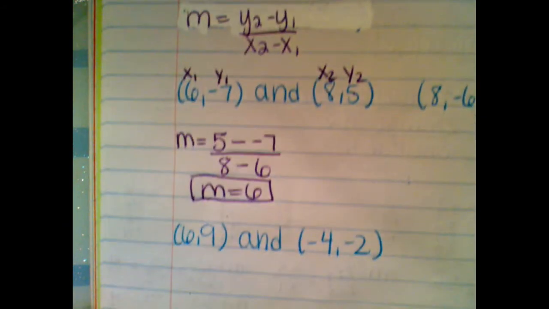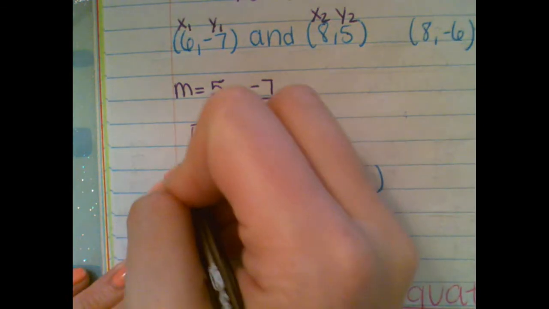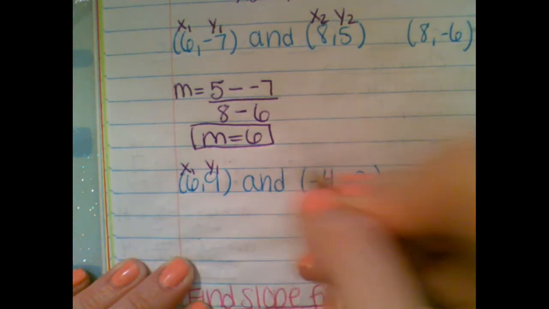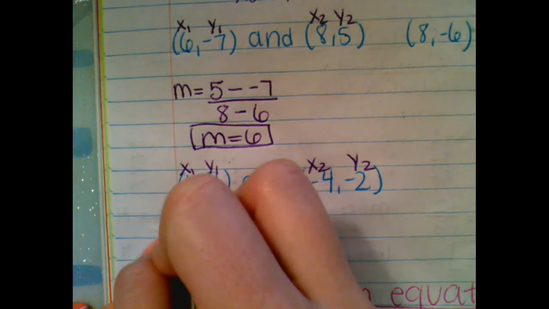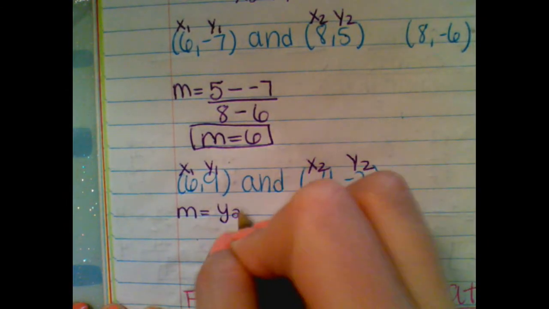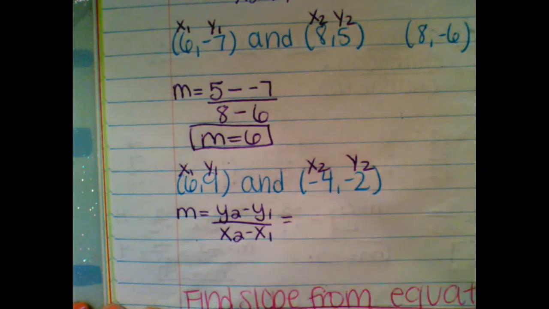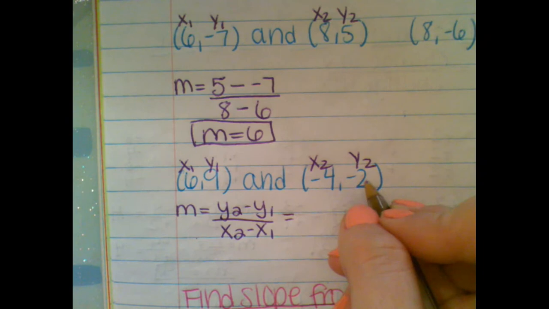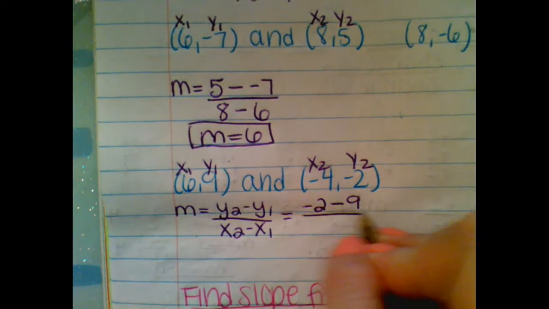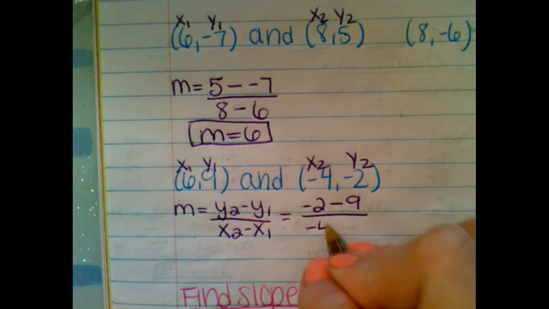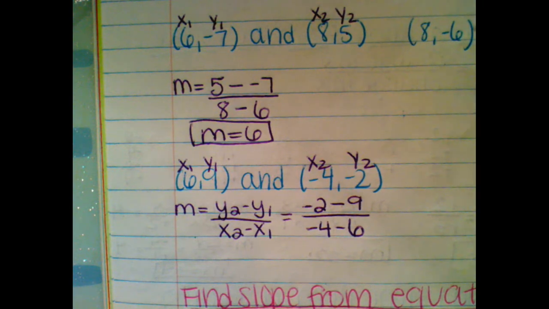Okay, we're actually only going to do one more of these because I think you guys should get this pretty quick. This one, X1, Y1, X2, Y2. Since you can't see the formula, I'll rewrite it. Y2 minus Y1 over X2 minus X1. So that's -2 minus Y1 is 9 over -4 minus X1, which is 6.